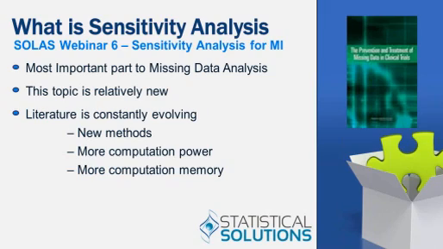I just have a picture here on the right-hand corner of the report that the National Academy of Science and Statistics did. They were approached by the Food and Drug Administration, the FDA, to put together a report on recommendations on how to approach missing data analysis and the prevention and treatment of missing data in clinical trials especially.